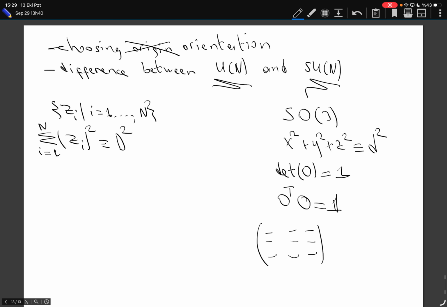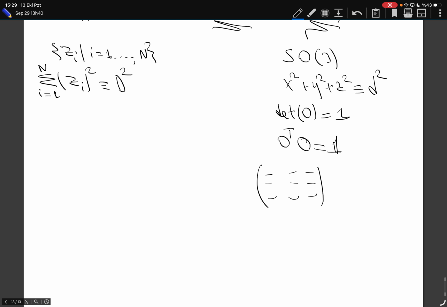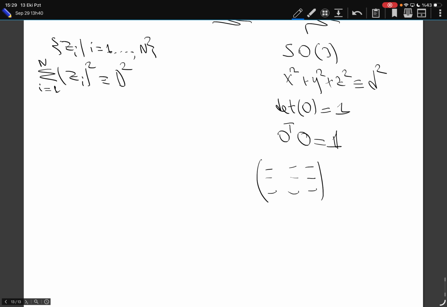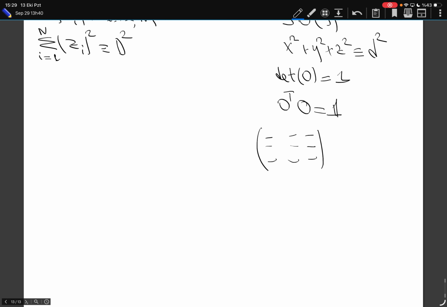If you want to describe this rotation by some parameters, then when those parameters are zero, you want to have the identity. So let's look at this transformation: 1, 1, minus 1.